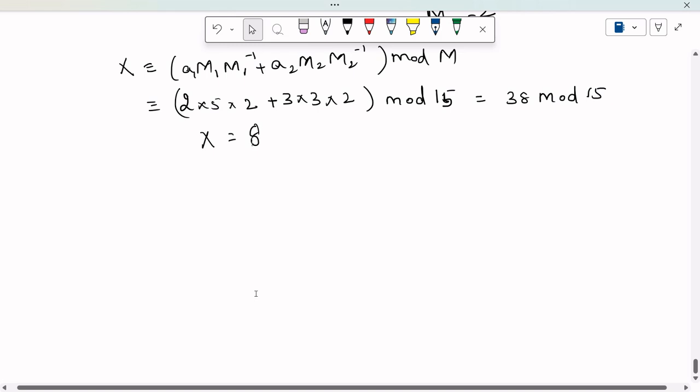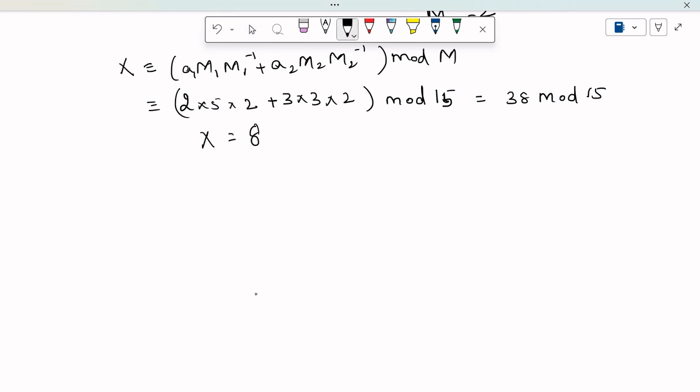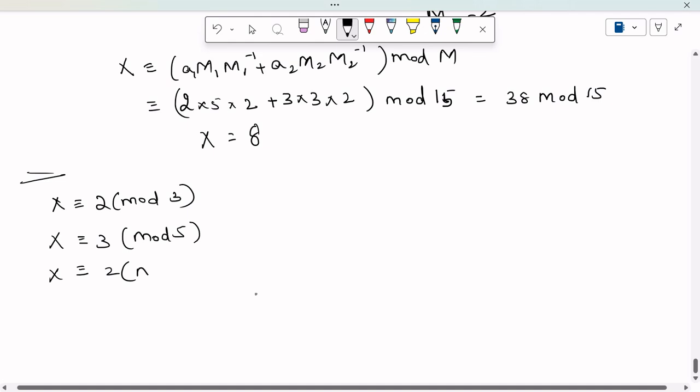We can try it out with one more example. 3 congruent equations. So X is congruent to 2 mod 3. X congruent to 3 mod 5. X congruent to 2 mod 7.